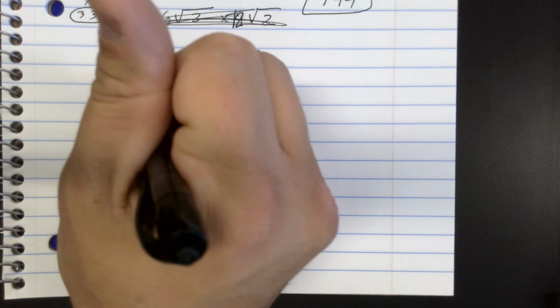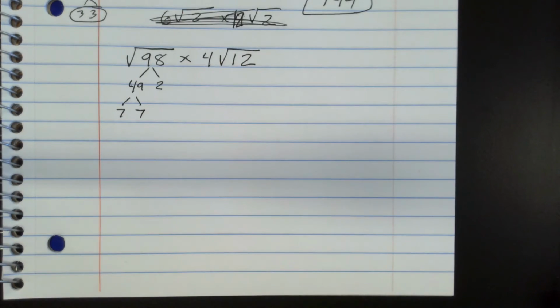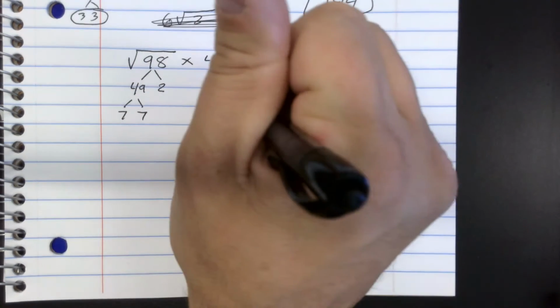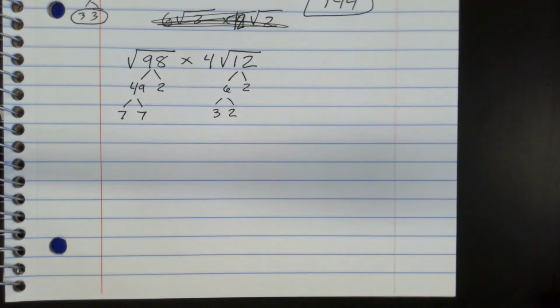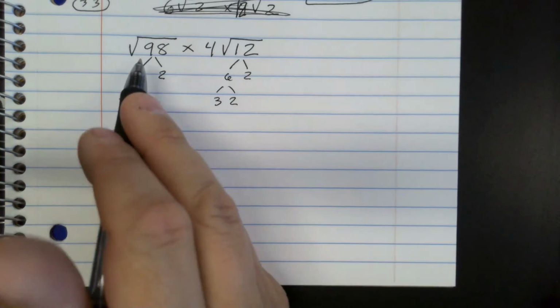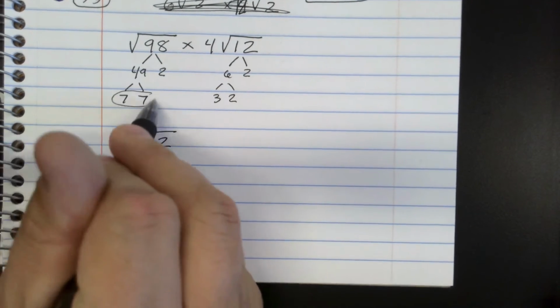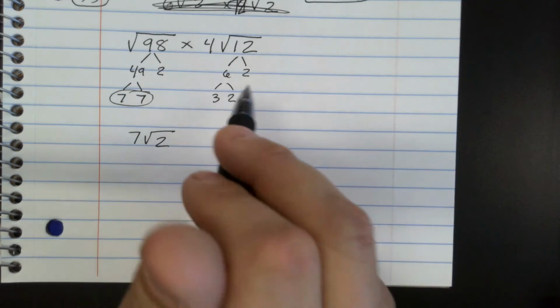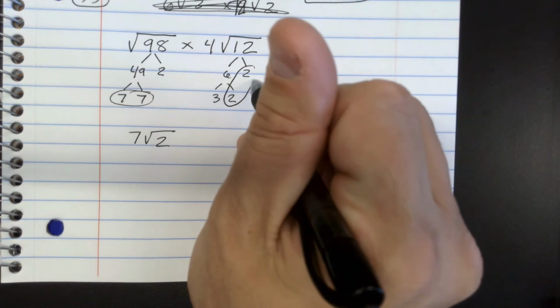So 98 goes down to 49 and 2, and then 7 and 7. And 12 goes to 6 and 2, 3 and 2. So 98 is going to factor down to 7 square root of 2, because we have one pair of 7s, and we bring it out. 12 is going to factor down to 2, 2, and 3, so we have a pair of 2s.